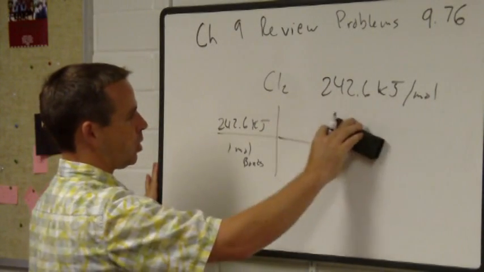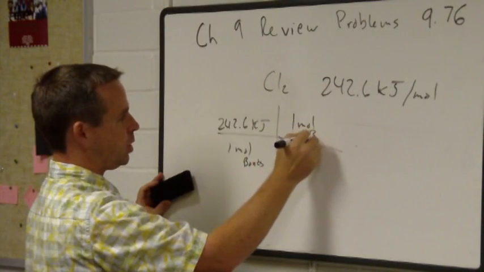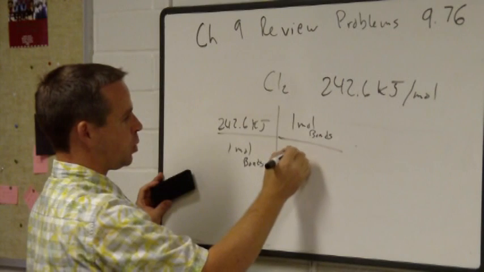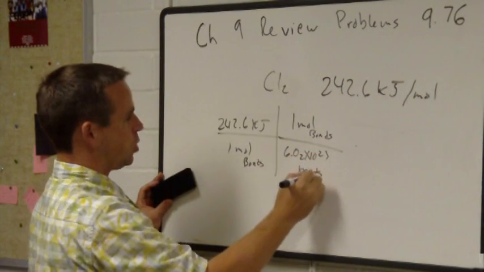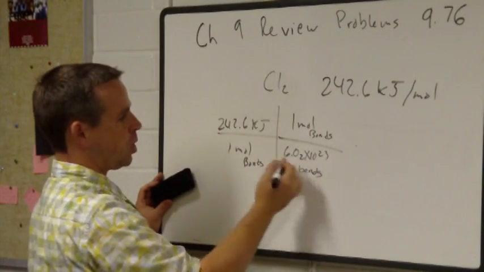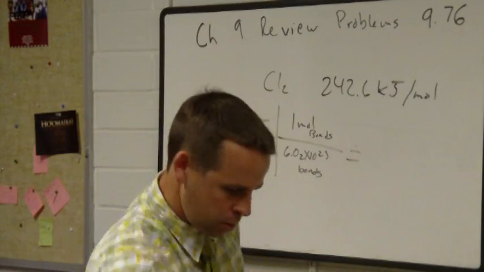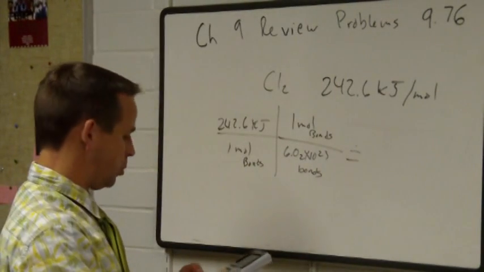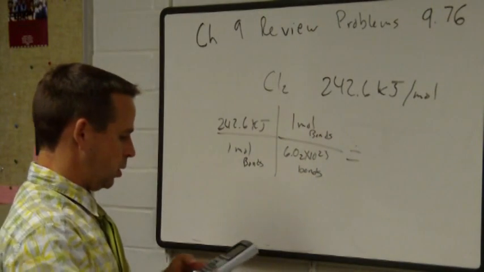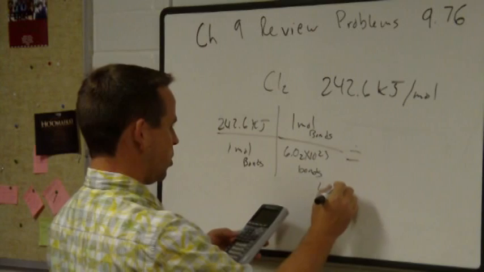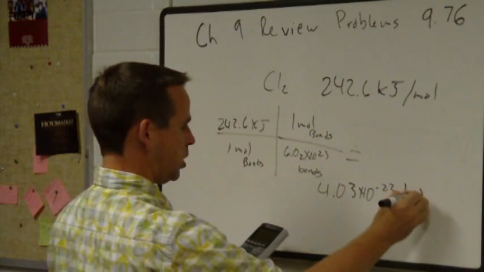So we have to put our moles of bonds down. For every 1 mole of bonds, there's 6.02 times 10 to the 23rd bonds. So this will tell us how much energy for 1 bond, right? All right, so if we take 242.6 divided by 6.02 times 10 to the 23rd, then we're getting 4.03 times 10 to the minus 22, and that should be in kilojoules.